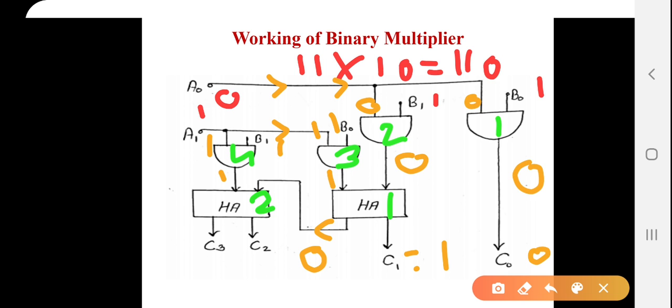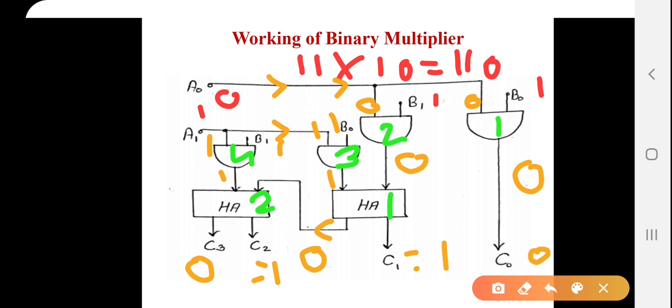Now half adder number 2 has two inputs 1, 0, so it will produce 1 as an output. Half adder number 2 will not produce any carry. That means there is no carry.